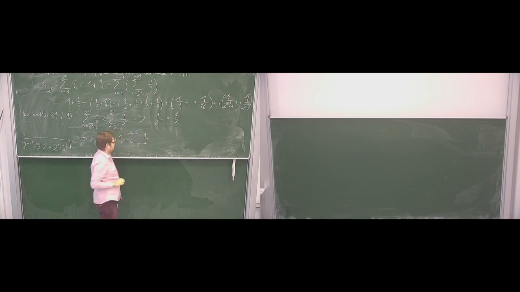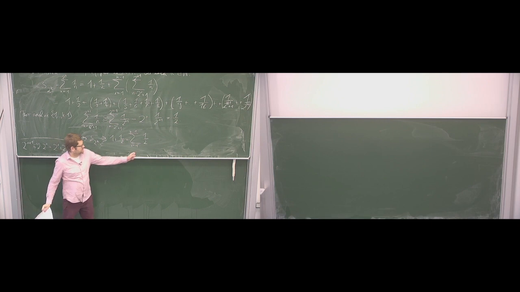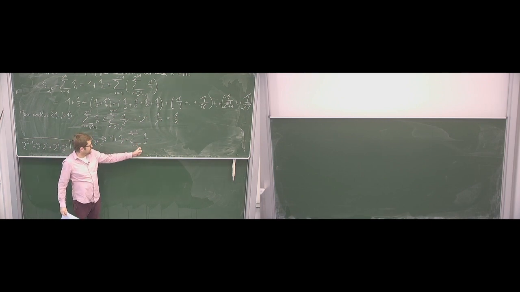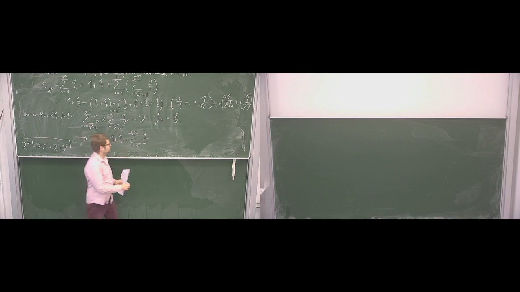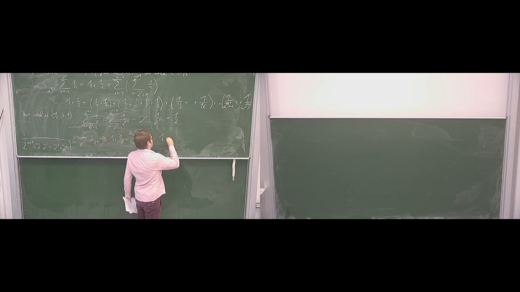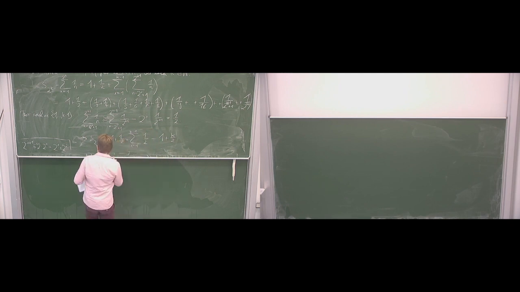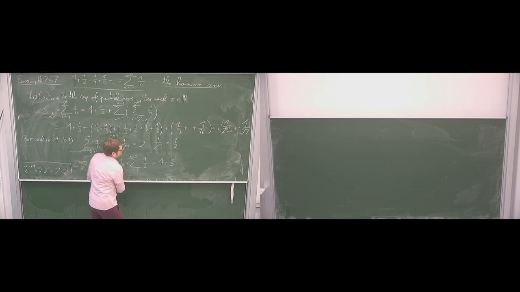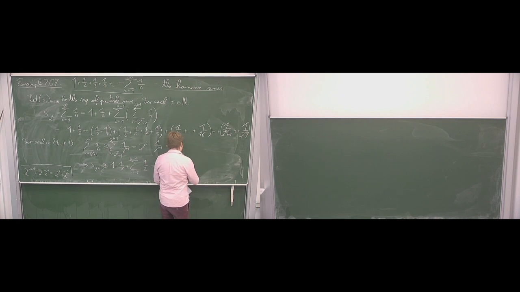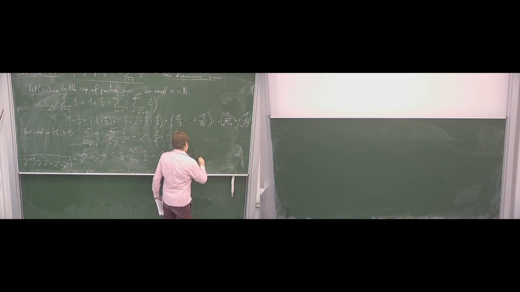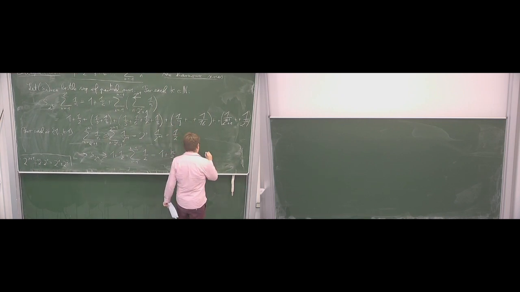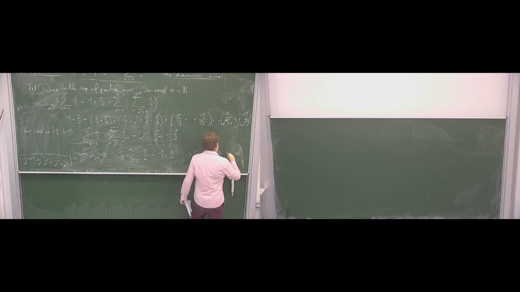And now we see again that this doesn't depend on i, so it's just k minus 1 copies of 1/2. Here we have one more copy of 1/2, so this is simply 1 plus k over 2. So let's write this down explicitly. We have shown that this partial sum S_2^k is bigger than or equal to 1 plus k over 2 for all k in N.